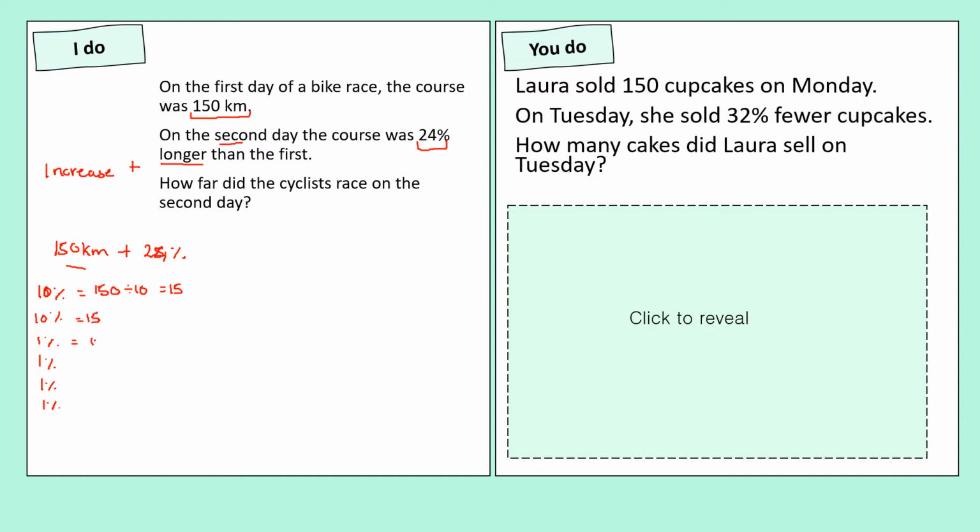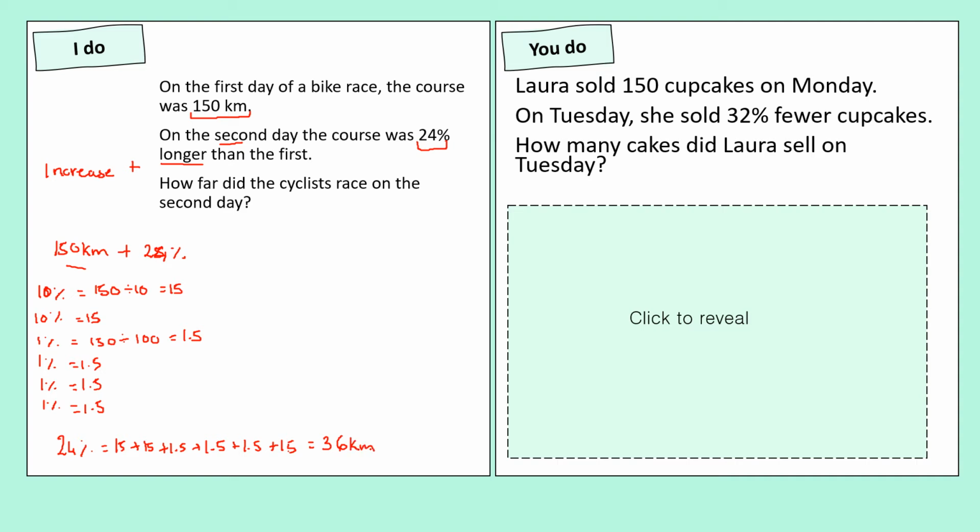And then 1% is 150 divided by 100, gives me a value of 1.5. Therefore, all of these are also going to be 1.5. And then what you have to do is add those up. So we know that 24% is equal to 15 plus 15 plus 1.5 plus 1.5 plus 1.5 and one more 1.5.